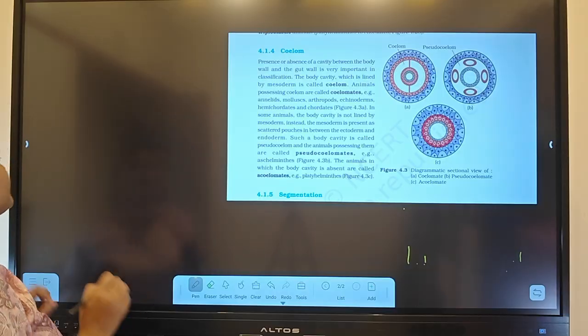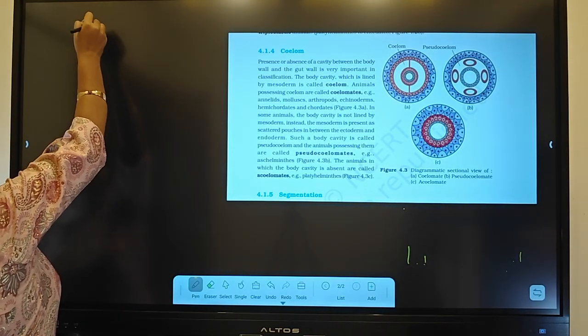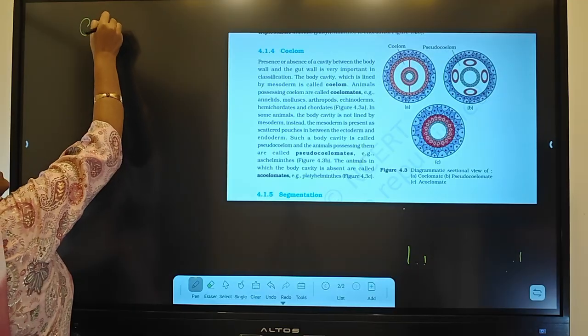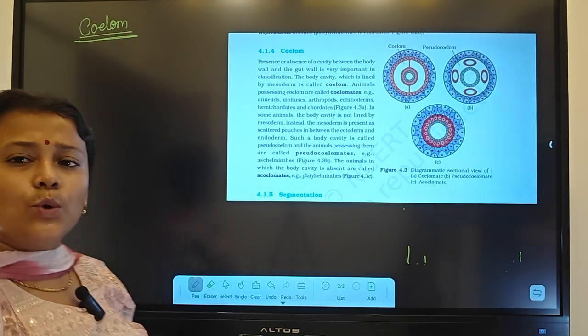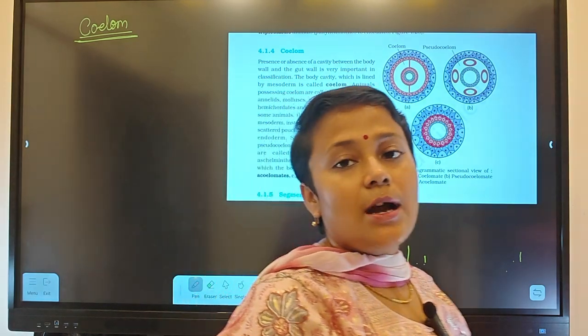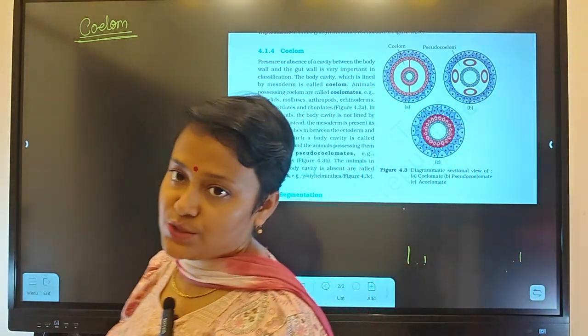The next one is very, very important, which is called coelom. What is coelom? It is a body cavity which is lined by mesoderm.